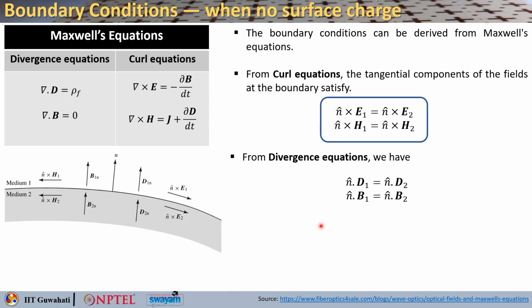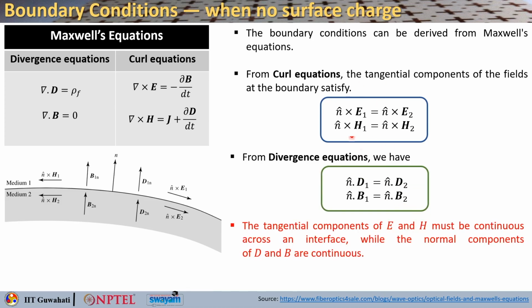Now, from the divergence equations you can see the other two. You take the component of the displacement field along the direction of the normal, and you find that n cap dot D1 is equal to n cap dot D2. Similarly, it is applicable for the magnetic flux density as well, so n cap dot B1 is equal to n cap dot B2.